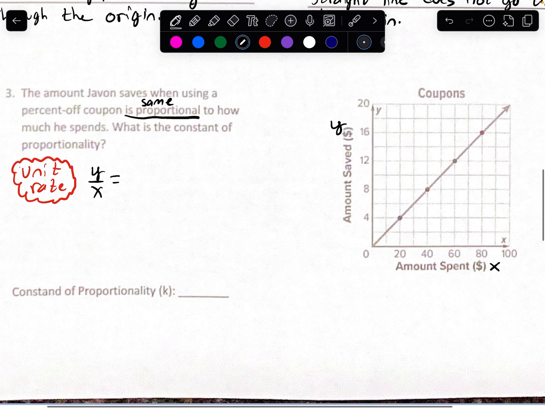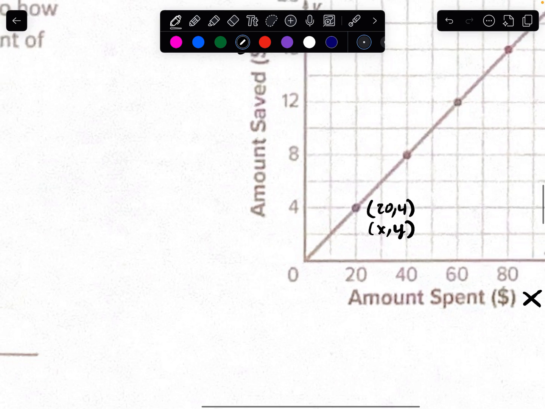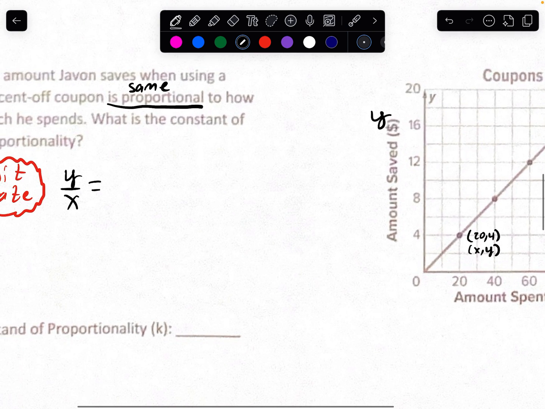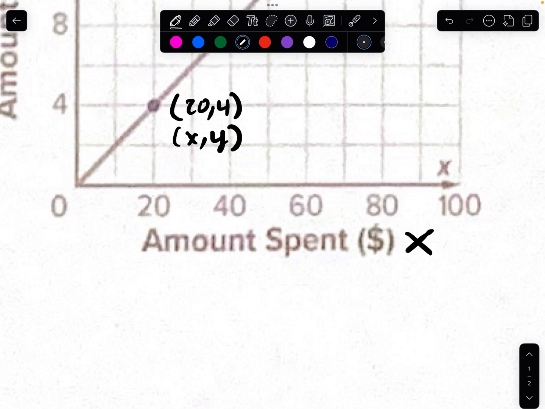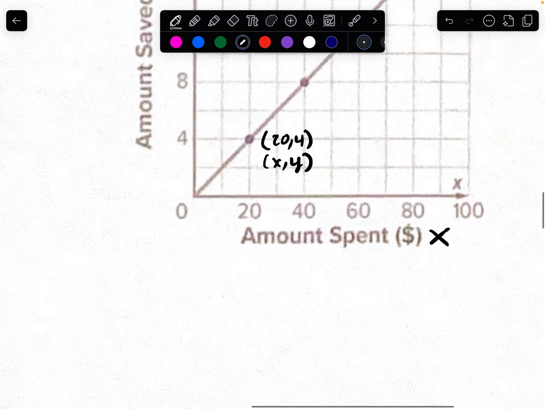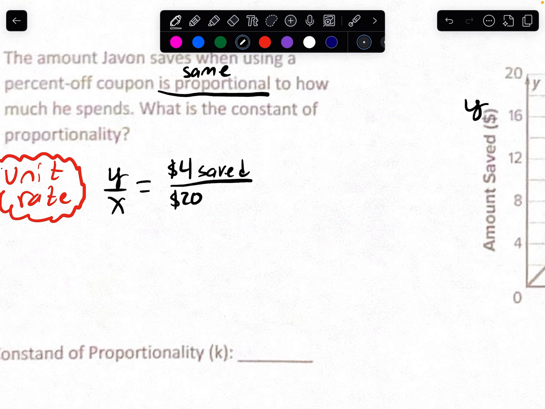So for the first point, this looks like it is at 20, and we want to write it as X, Y. My Y is 4, so money on top, $4 saved over, so even though this is also money, because it's on the horizontal line, that means it's going to be our X value. So that means $20 spent.